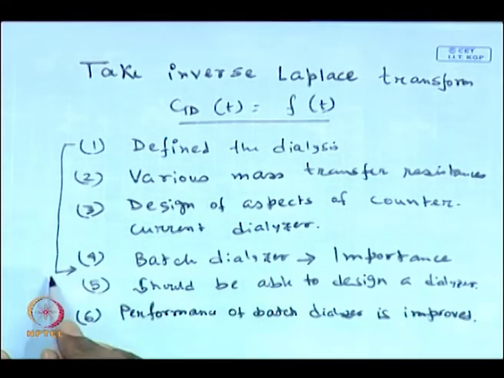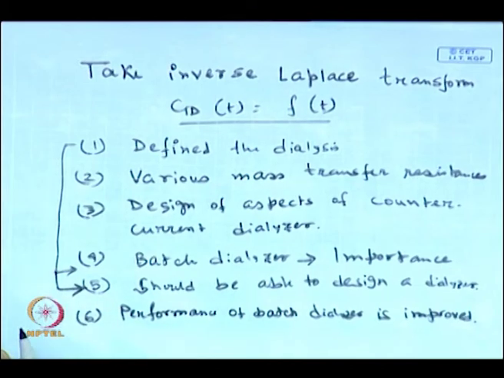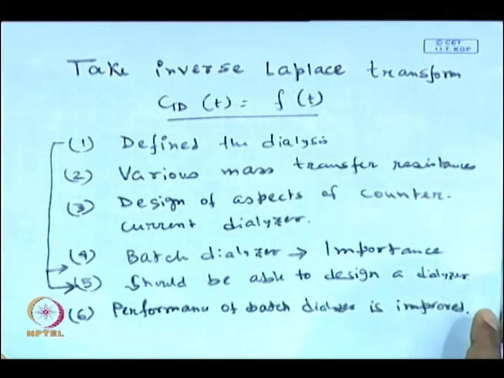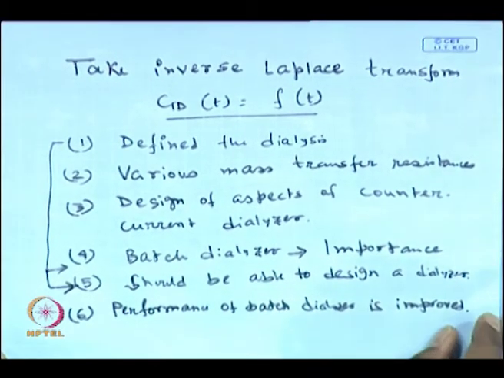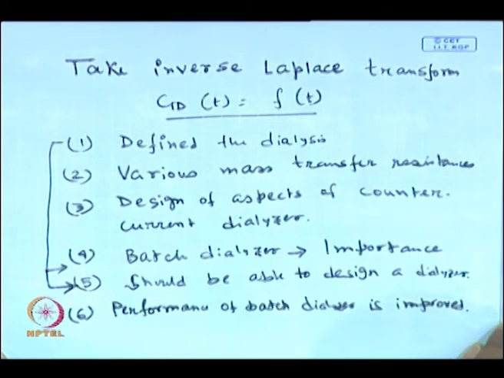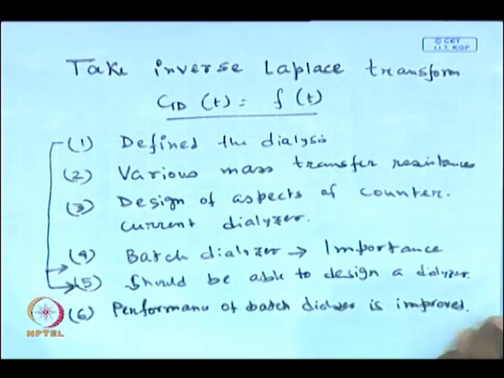Now, the design of the continuous dialyzer in the counter current mode that we have done till now is a one dimensional model, but that is good enough to get first hand information on the design of the dialyzer. But for the sake of completeness and for scientific interest, one has to go into a 2 dimensional or more complicated model of the steady state dialysis process. Why will it be required?